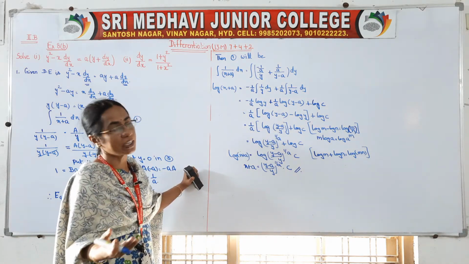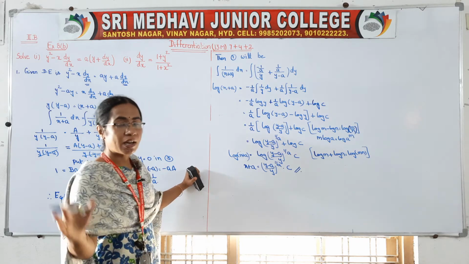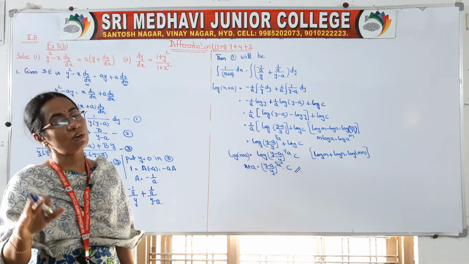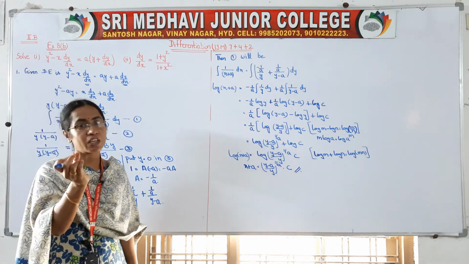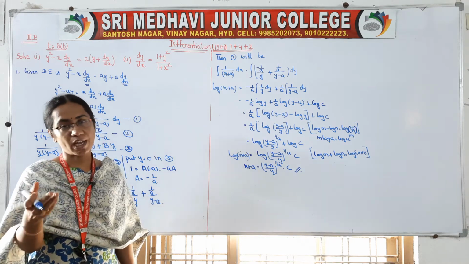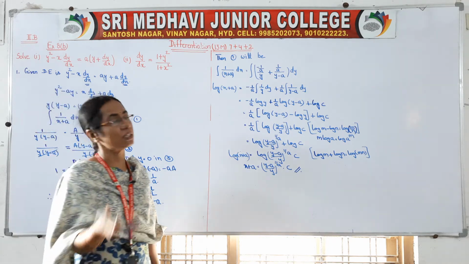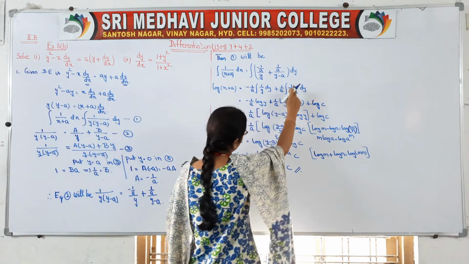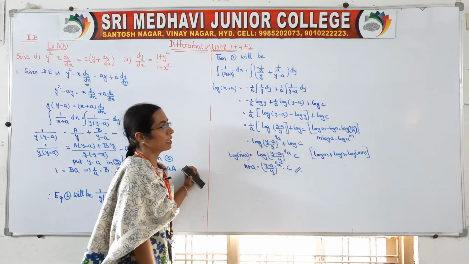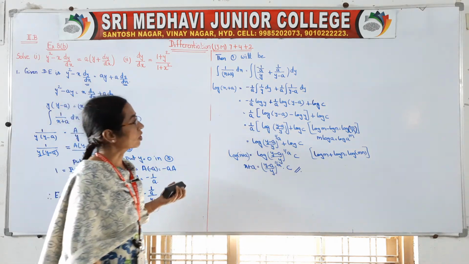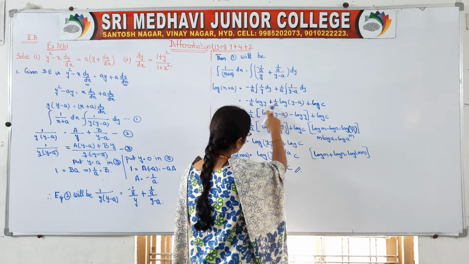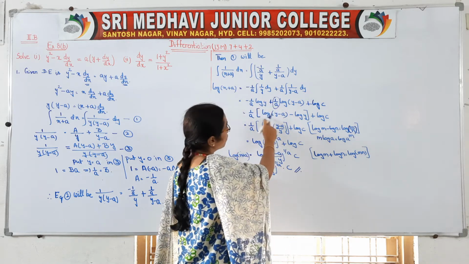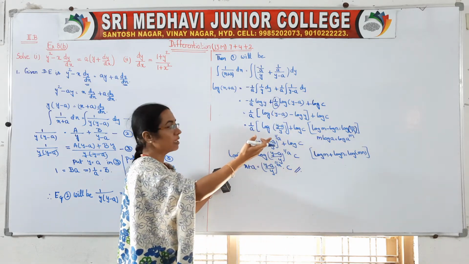Integral 1 by x is log x; instead of x we have y. I have said many times that formulas are generally in terms of x, but instead of x we can have any value: x is a general value, we can have y, z, or t. So here we have y. Integral 1 by y is log y and integral 1 by (y minus a) is log of (y minus a). If you observe this, first I have taken 1 by a common, and first I have taken the positive term, then the negative term.